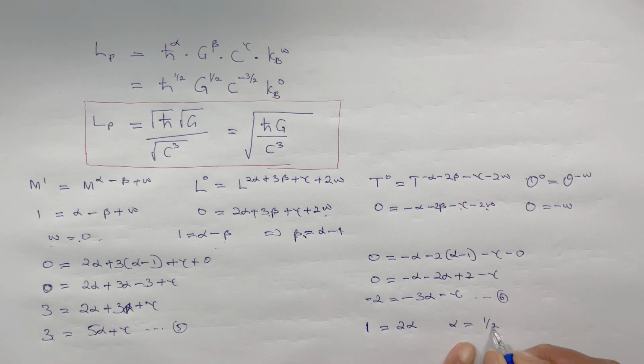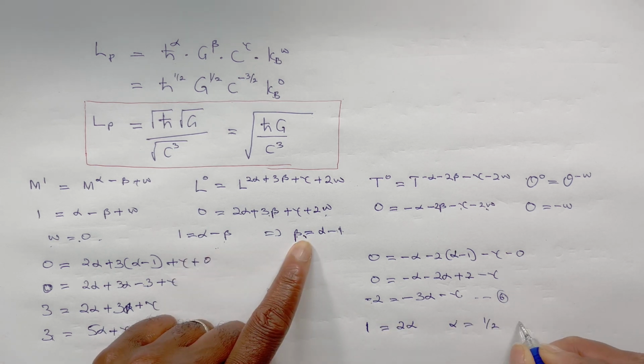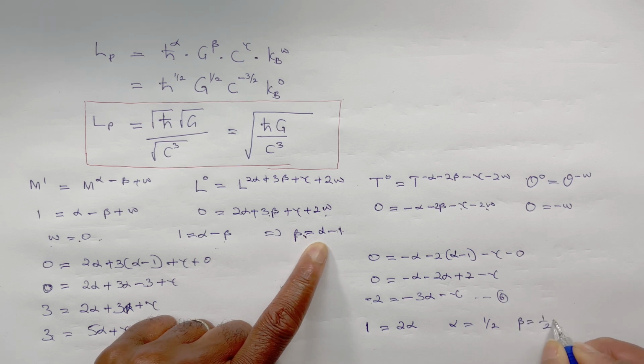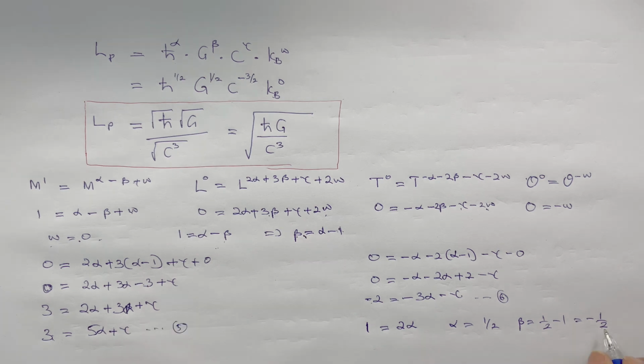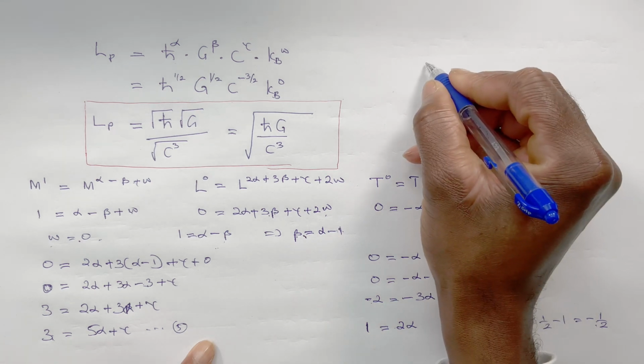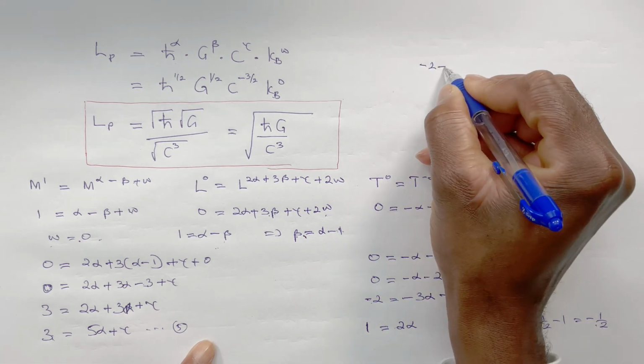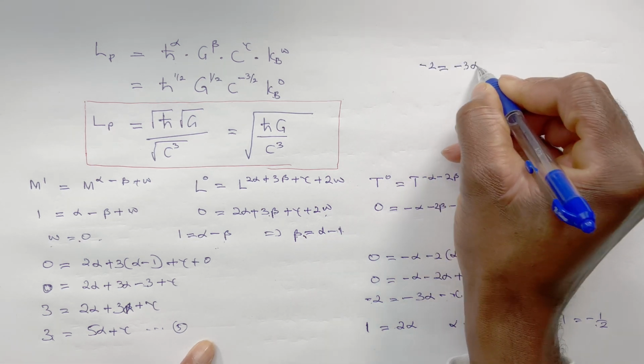If alpha is a half, what is beta? Beta is a half minus 1, which is minus a half. If beta is minus a half, what is gamma? If I come back to this formula, I know what gamma is. I've got minus 2 equals minus 3 alpha minus gamma.